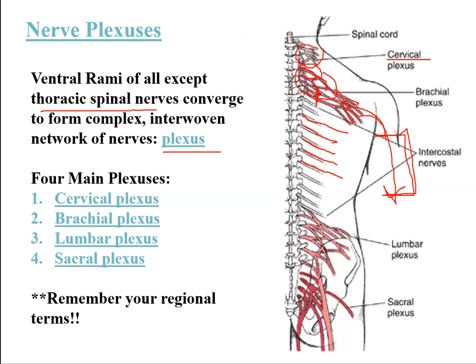Okay. The lumbar plexus is literally in the lumbar region. And the sacral plexus is here. And it is made up of nerves that are exiting from the sacrum. Okay. In the next unit of this class, we're going to talk about individual nerves that arise from each of these plexuses, but for now, just know where they are and what they're made of.